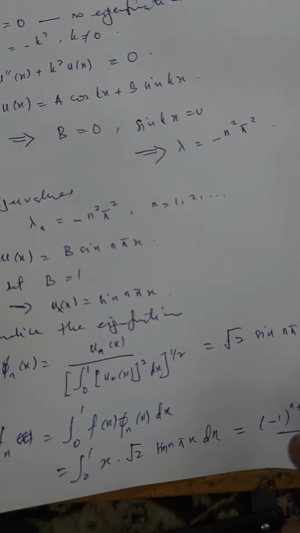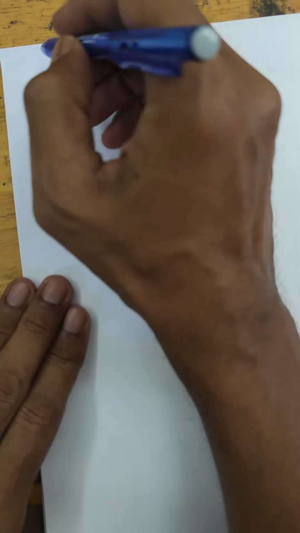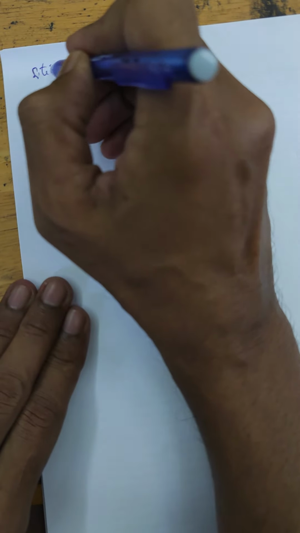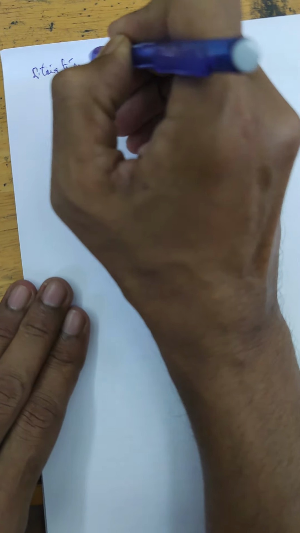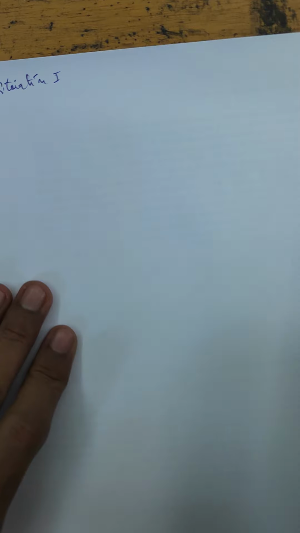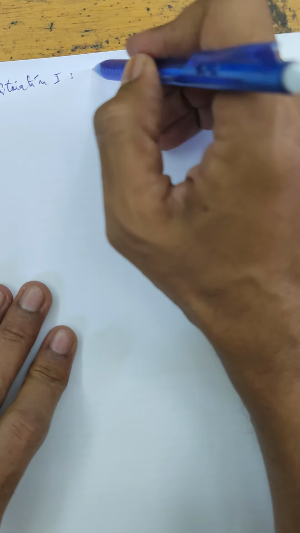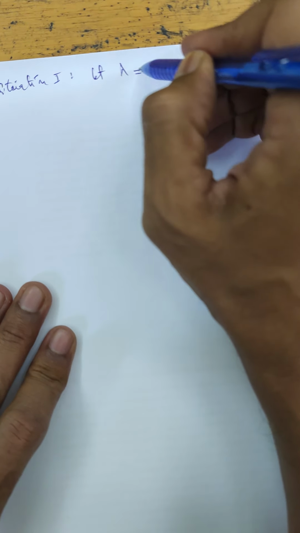Alright, so now we can construct the solution. We have two situations here. Situation 1, we let our lambda be different than lambda n.